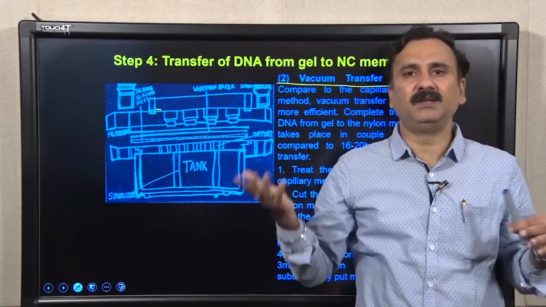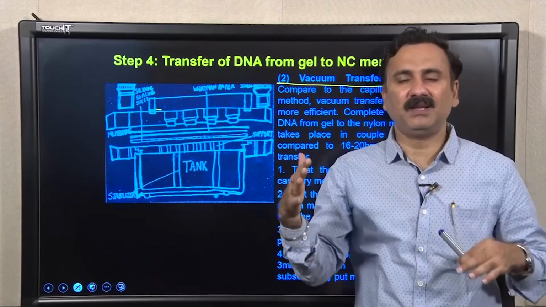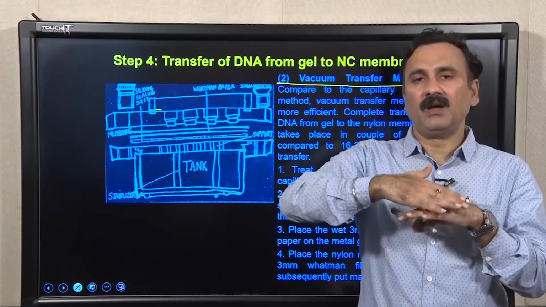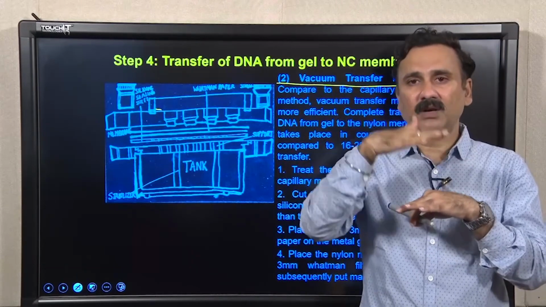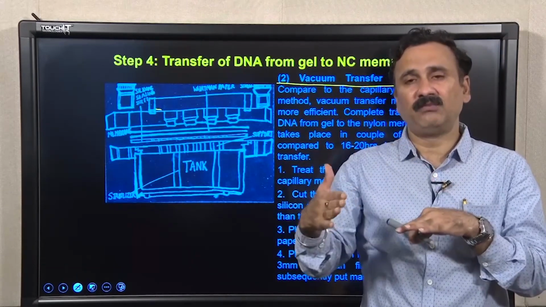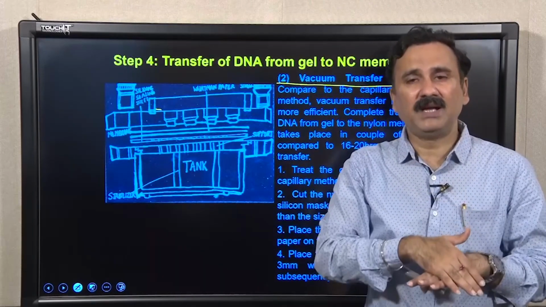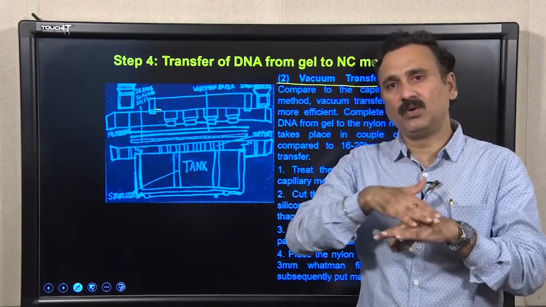It is the same mechanism: the DNA is dissolved into the buffer and carried along in the current of water. But as the nitrocellulose membrane is impermeable to the DNA, the DNA gets immobilized onto the membrane, compared to the water which comes out.